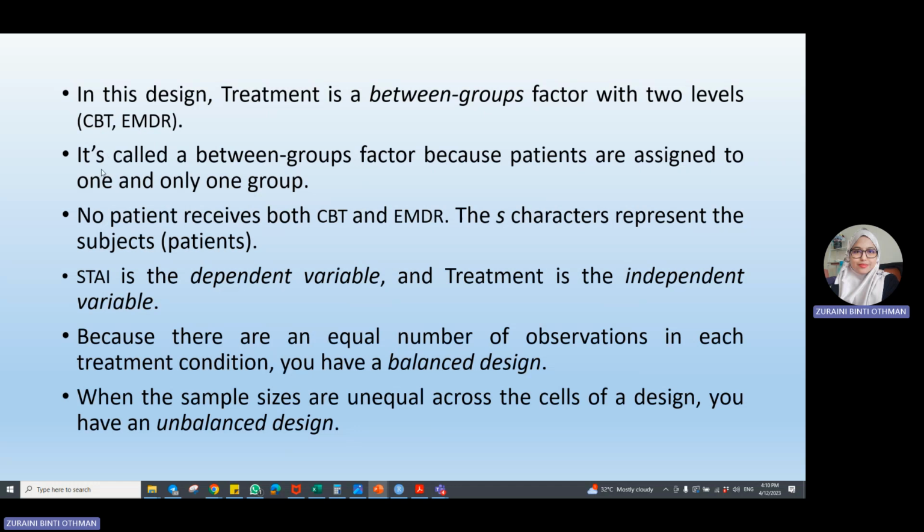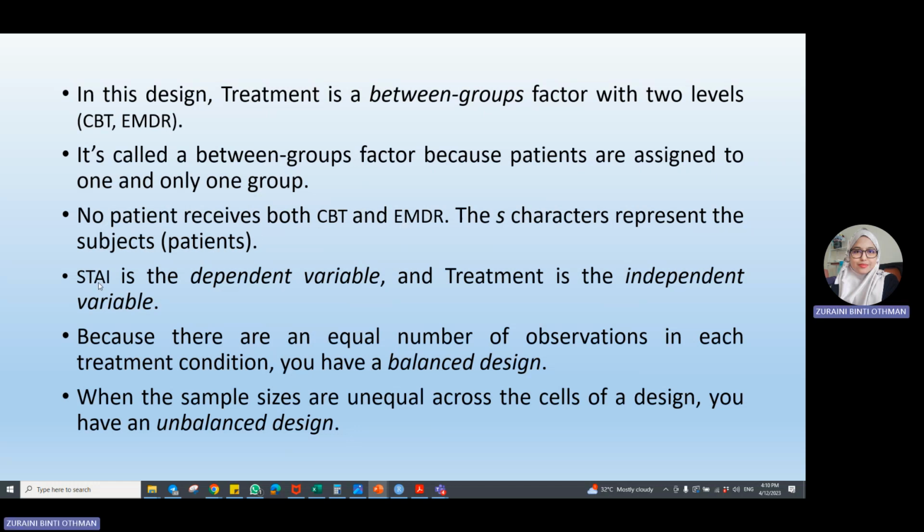It's called a between-group factor because patients are assigned to one and only one group. Just now, from the 10 samples we assigned 5 into CBT and 5 into EMDR, which is one and only one group. No patient receives both CBT and EMDR.